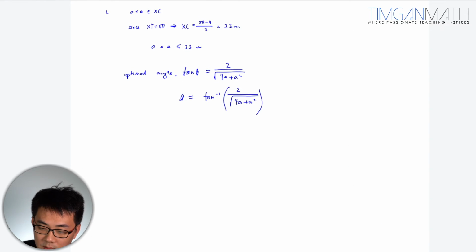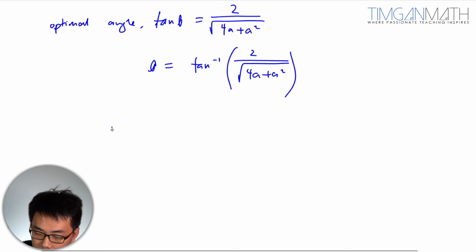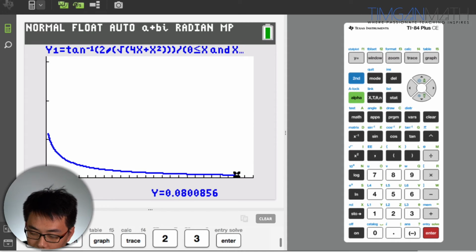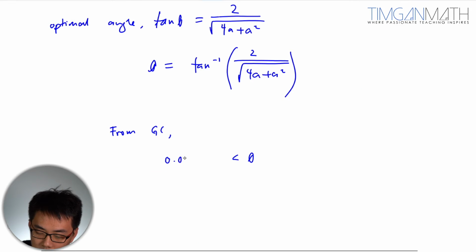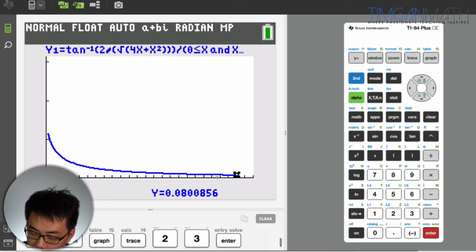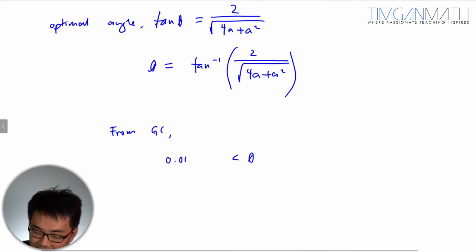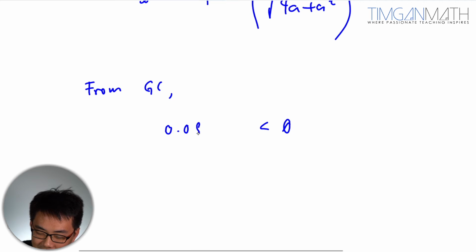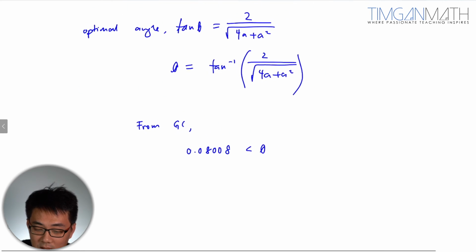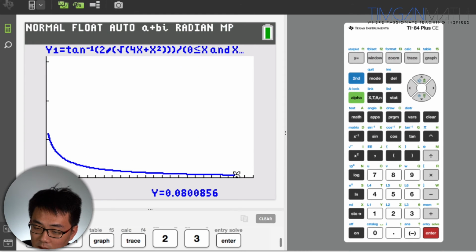Okay, so from GC, theta, the minimum point is 0.08008.